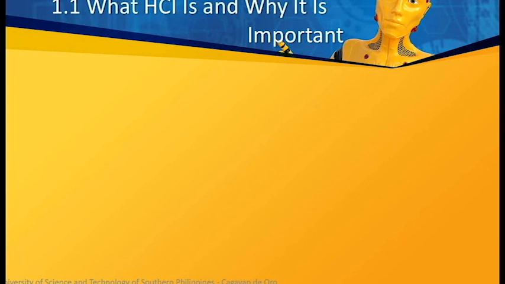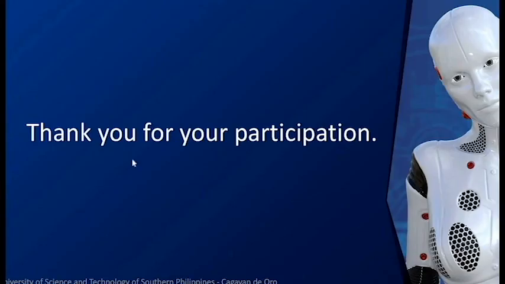Third would be reduce memory load. Then fourth is strive for consistency. And then fifth is remind users and refresh their memory. And then sixth is prevent errors or reversal of action. And last is naturalness. I think that's the end of our discussion for chapter 1.